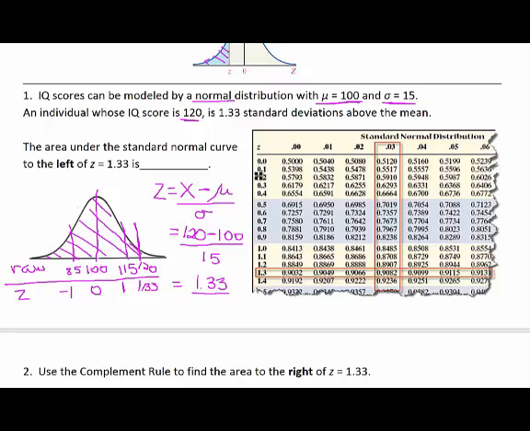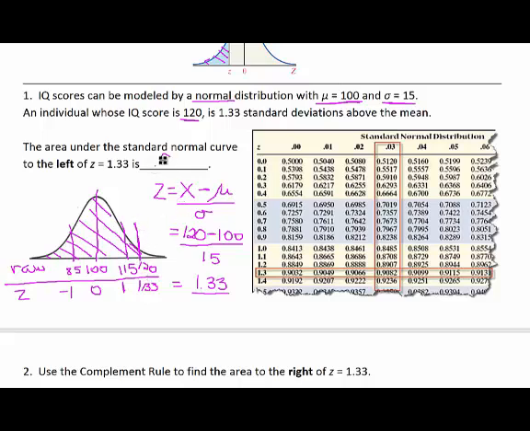Okay, and so how do you read your table? You just go onto the side. It is the first decimal place, and then along the top is the second decimal place. So go to 1.3, and then you're going to go over to 3. So it's 1.33. And so there is the area to the left of that boundary.